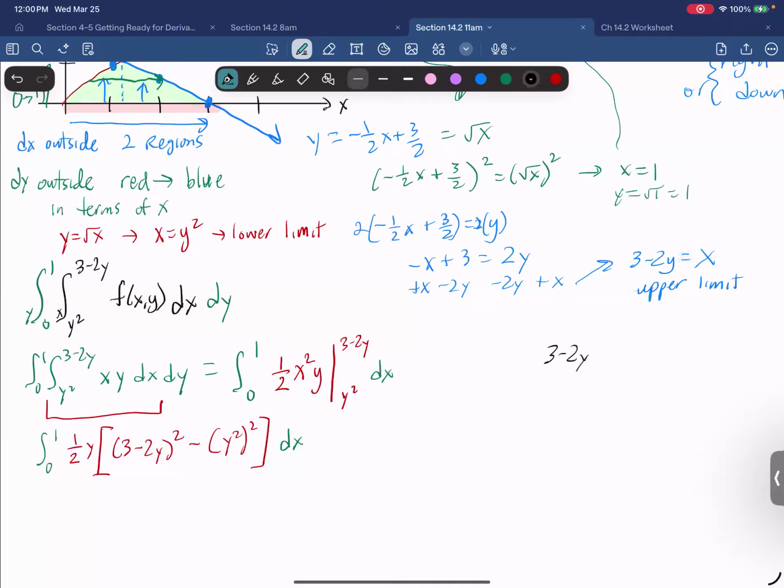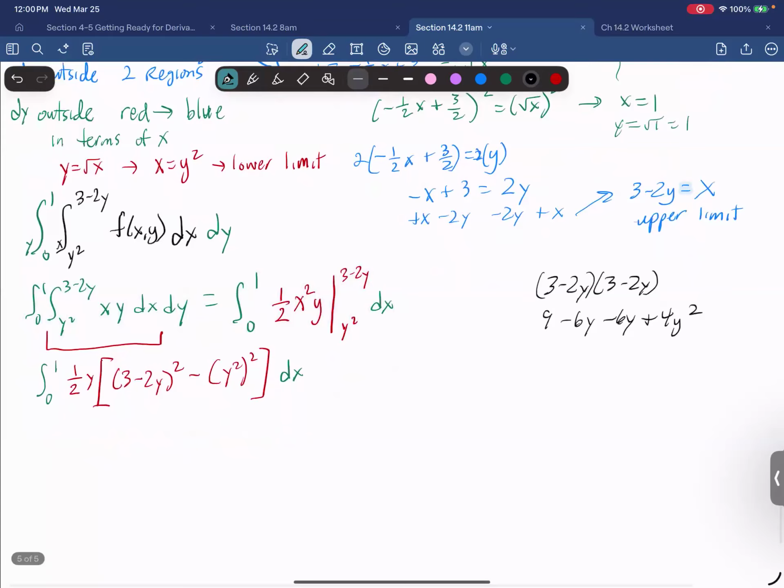Do a little sidebar here. 3 minus 2y, 3 minus 2y, 9 minus 6y minus 6y plus 4y squared. That is 9 minus 12y plus 4y squared. And that is y to the fourth.